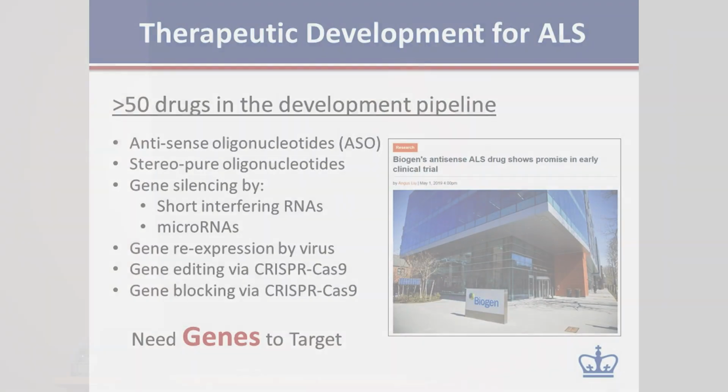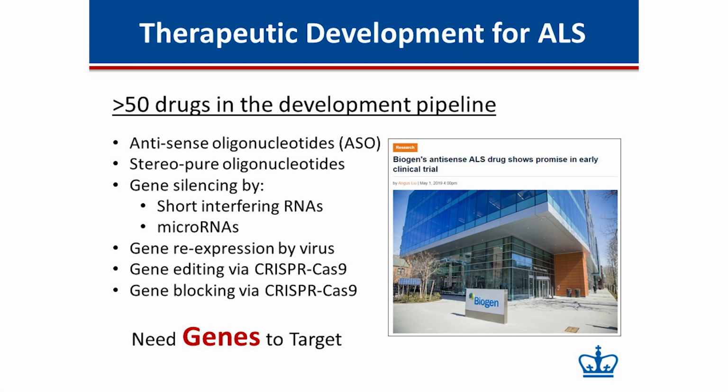And if you were paying attention to the news coming out of the American Academy of Neurology, everyone in the ALS field is extremely excited by the interim analysis of one of these genetically directed therapies, something called an antisense oligonucleotide, which goes into the neurons of people who have mutations in the SOD1 gene and blocks the production of more SOD1 protein.